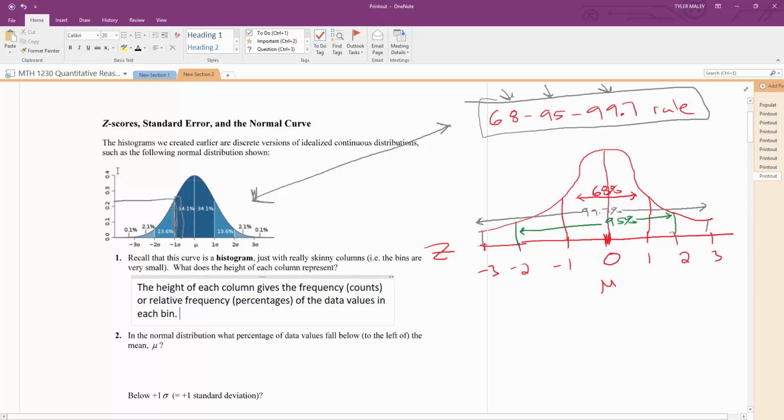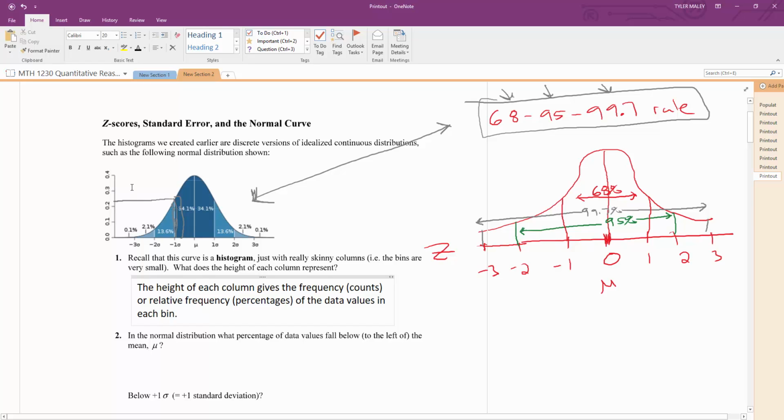So what I'm saying is on this side, this could be just a direct count, or it could be a relative frequency, which is you take what the count is and divide by the total number, and that gives you the relative frequency. So this tells you the percent of the data that falls in each bin.